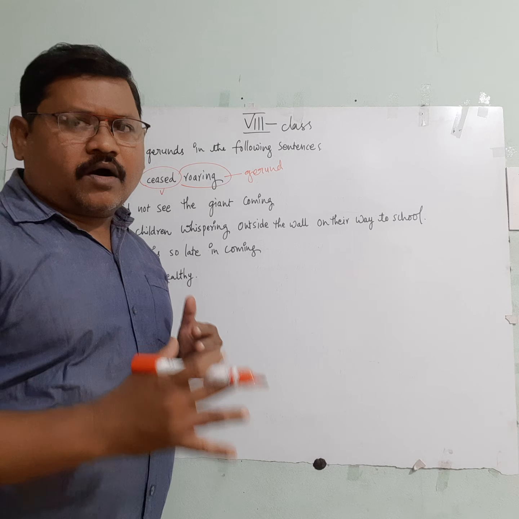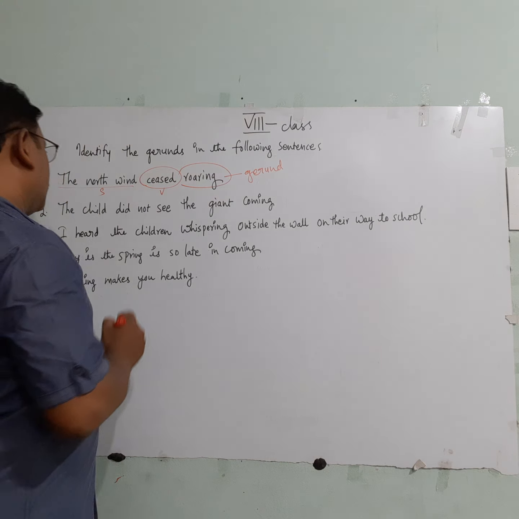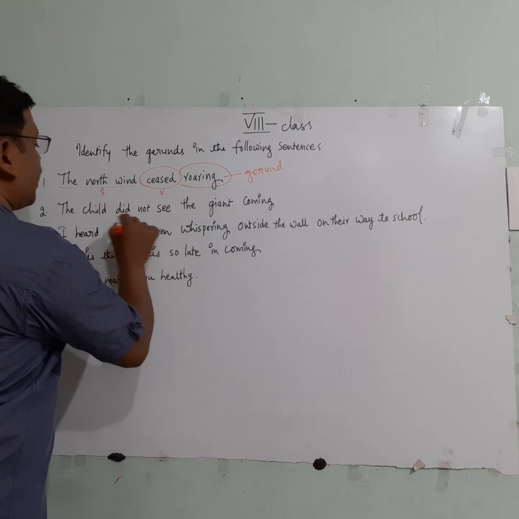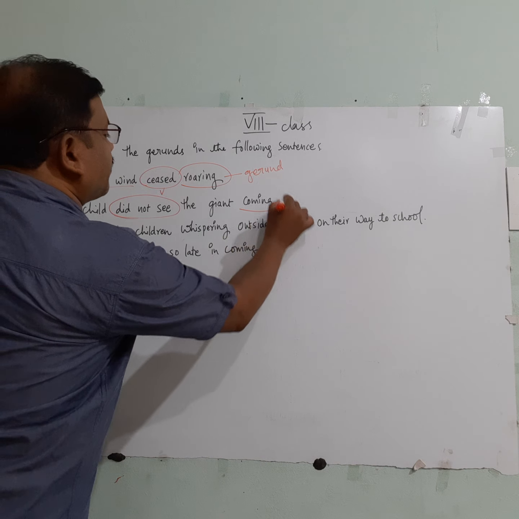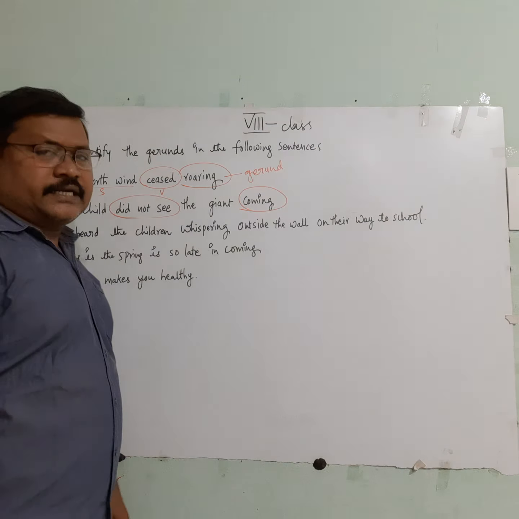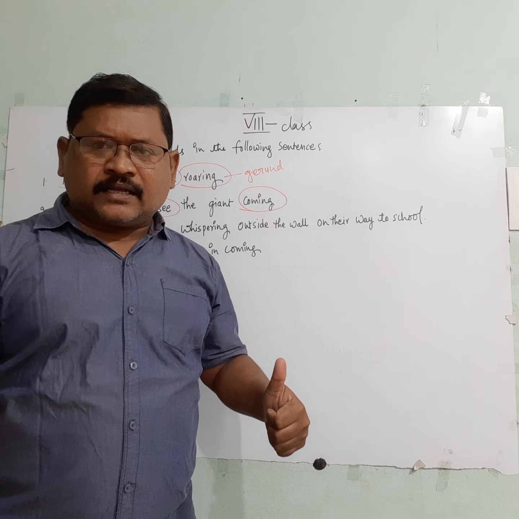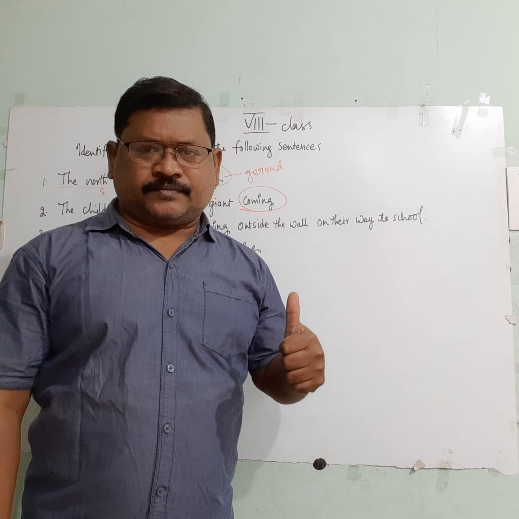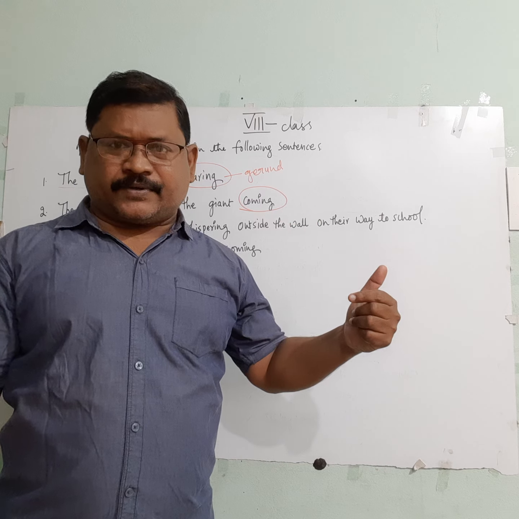And the child did not see the giant coming. What is did not see? This is the main verb, and coming, this is V1 ing. Let us see whether this V1 ing is gerund or present participle. Present participle means here it functions as a verb.